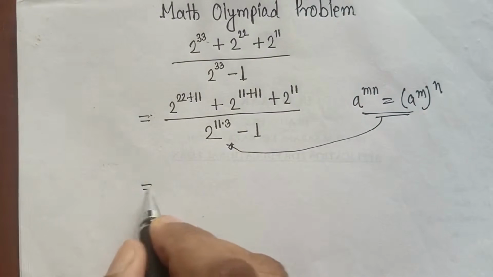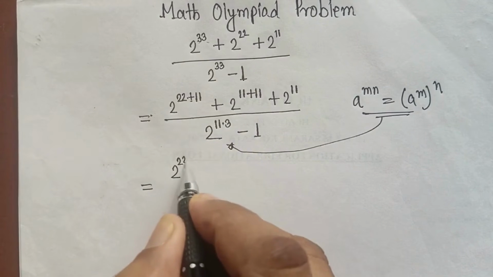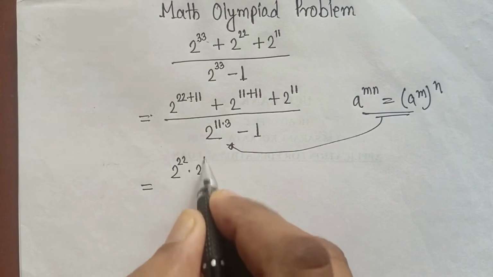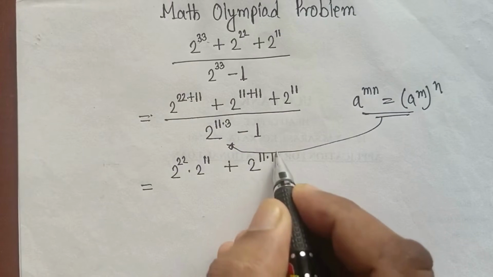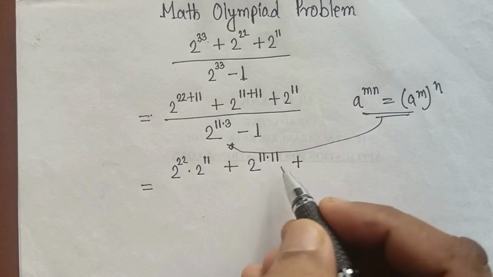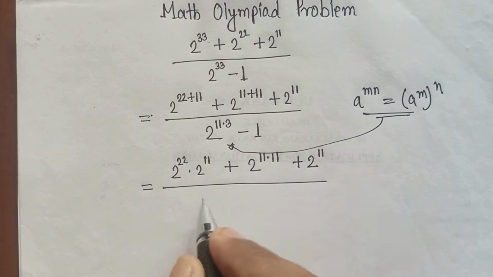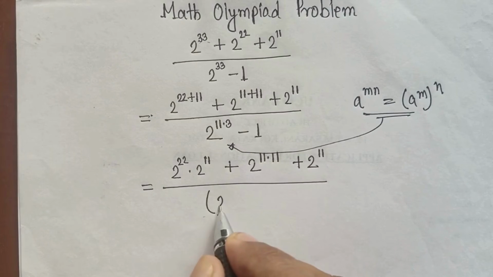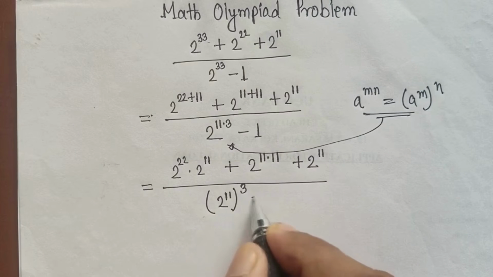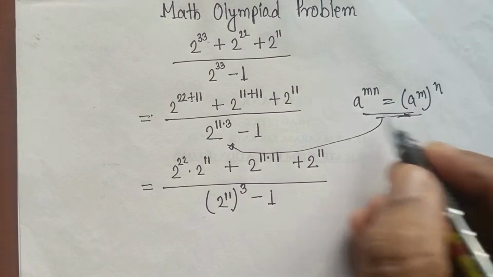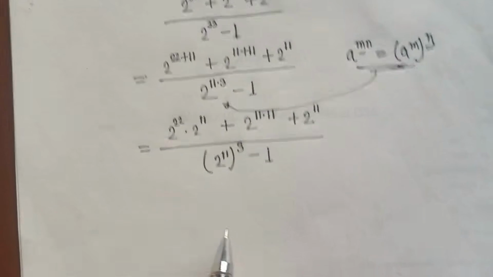Okay, so here we can write 2 to the power 11 into 2 to the power 11 plus 2 to the power 11 into 11 plus 2 to the power 11 by 2 to the power 11 to the power 3 minus 1, as we have applied a to the power mn is equal to a to the power m to the power n.